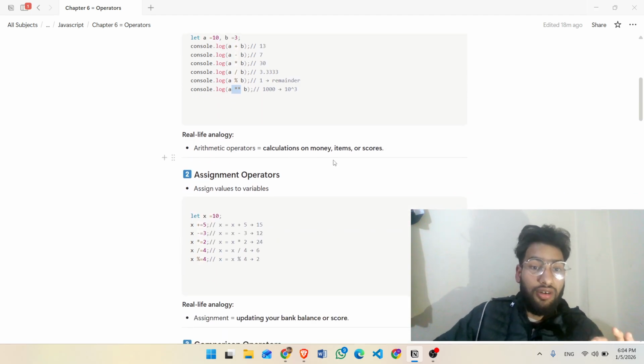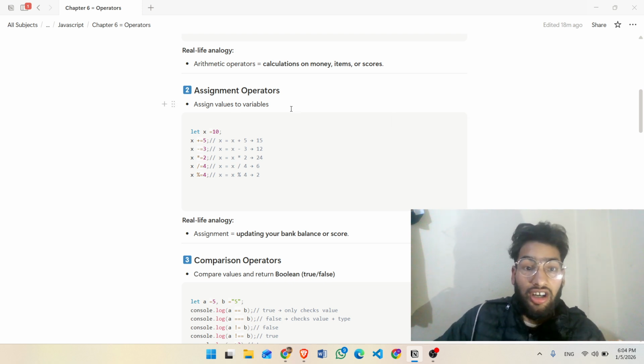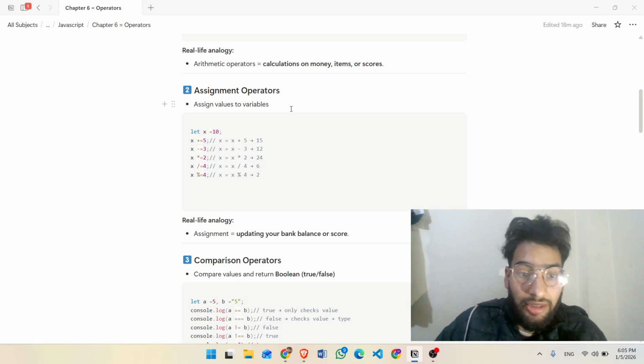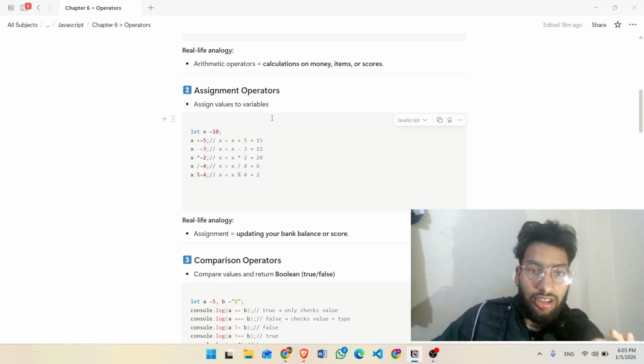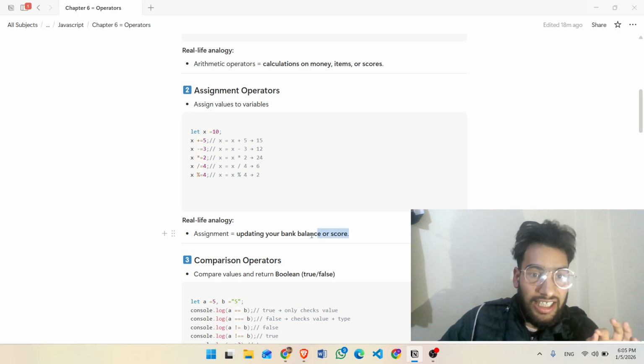And the next one is assignment operators. Assignment operators mean assigning a value to a variable. It shows how to assign a value to a variable. We can compare it with updating your bank balance or score, right?